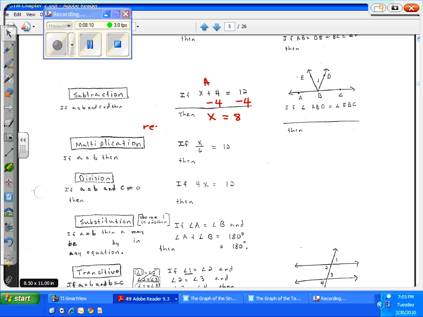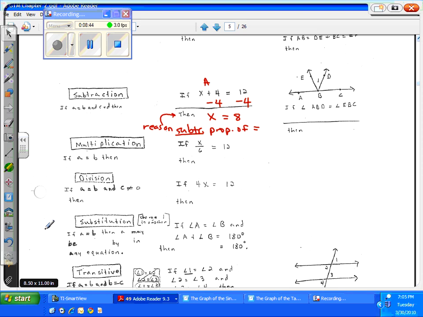If we had to give a reason in a proof for this conclusion, we would say subtraction property of equality. And we'd probably put a T R so as not to confuse it with substitution. Okay?